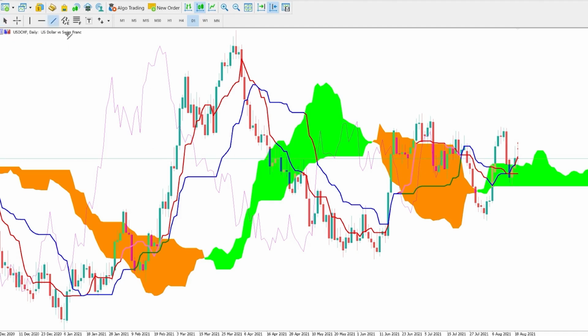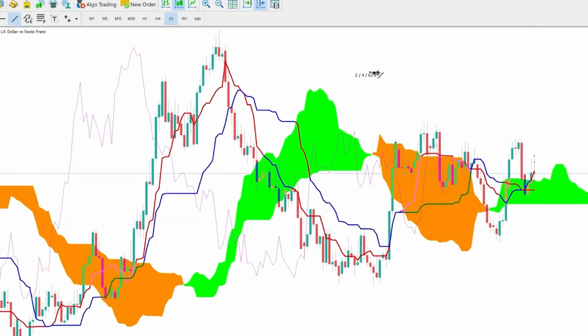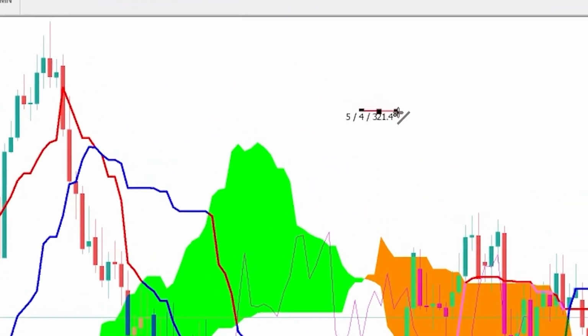Now let's go to the chart and see if such a thing is even possible. Alright, look here friends. I'm using this trend line tool to determine this distance. As I move the line to the right, the number there is increasing, showing us the number of candles, 15, 16, and now 17.